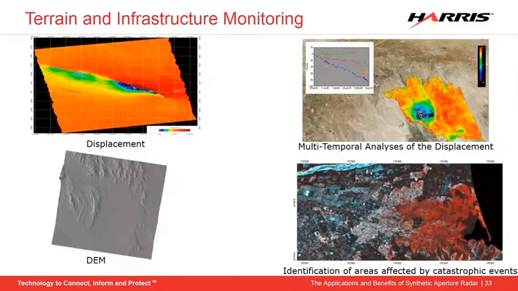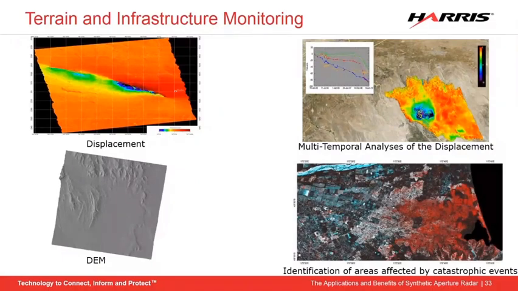Now, on the right-hand side of the screen, we actually have some multi-temporal analysis as well. This means more than just a pair of SAR scenes are used. In the top right-hand corner, we have the displacement that's happening over a region over time. And what this allows us to do is actually get much higher accuracy.